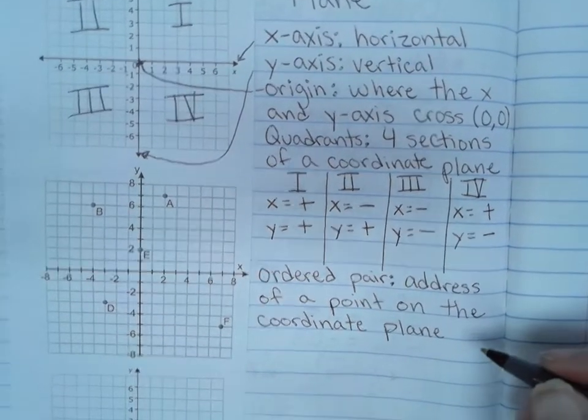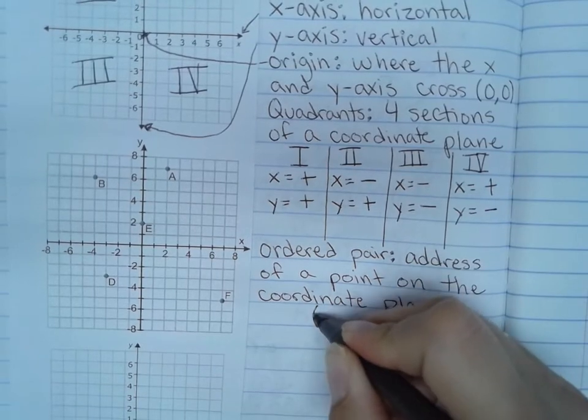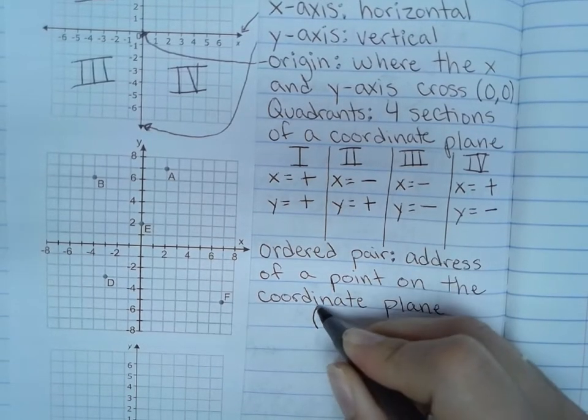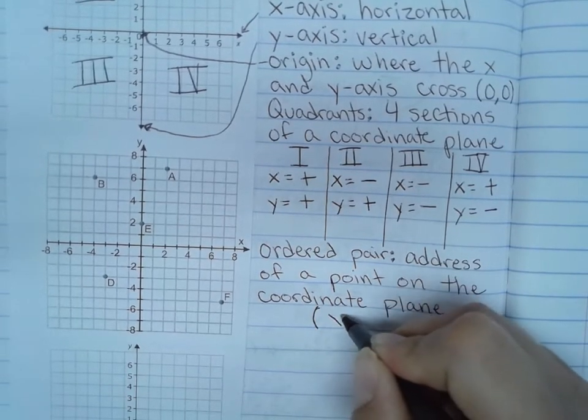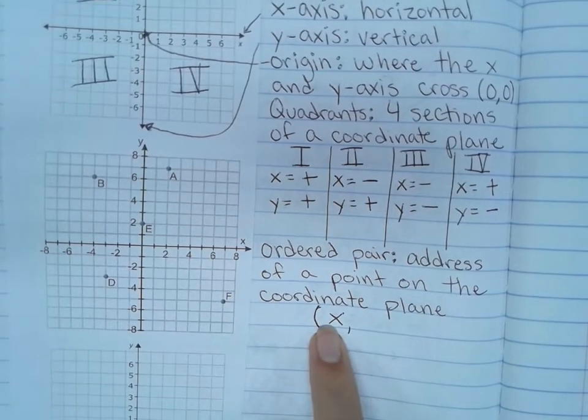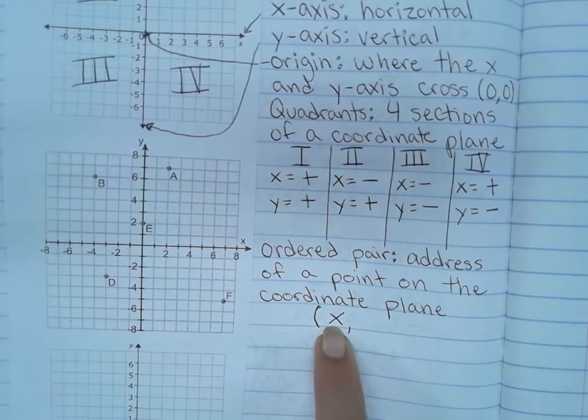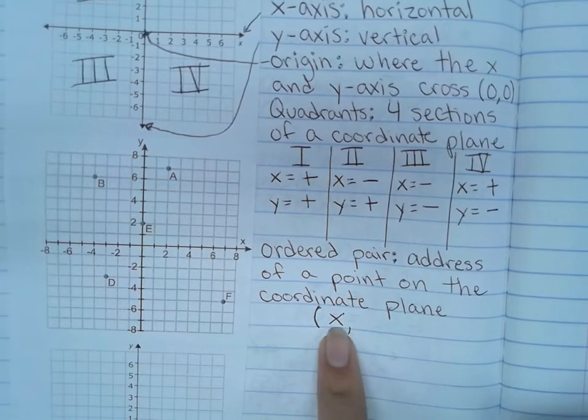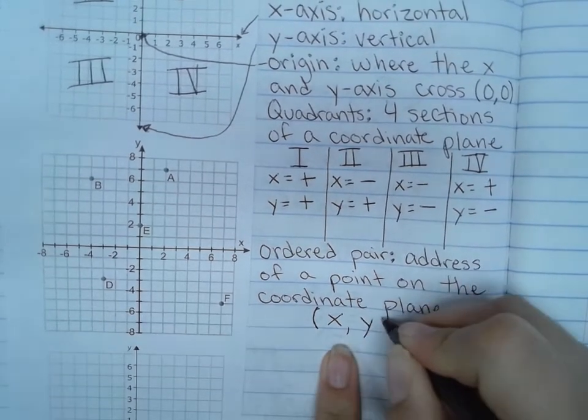Okay, it's always written with parentheses. The x value is always first. So we always are looking at the x, or the horizontal part. Y is always written second.